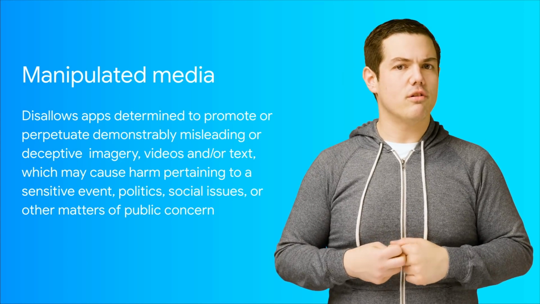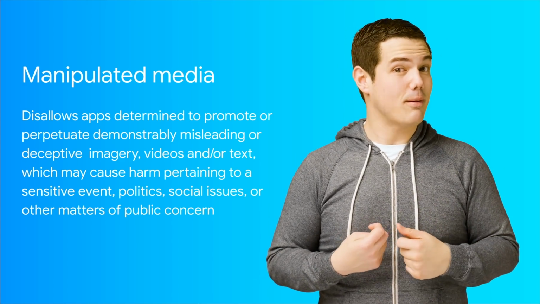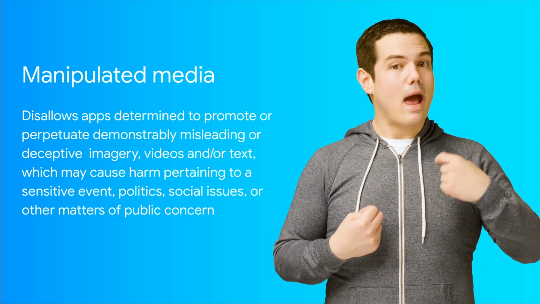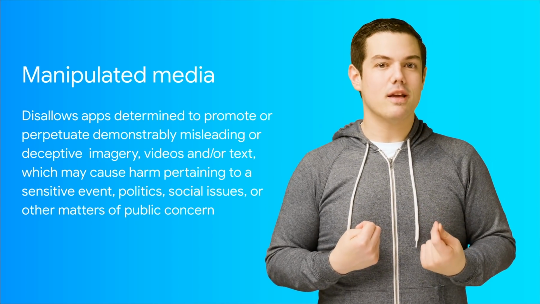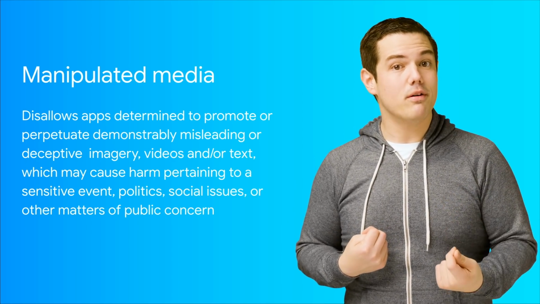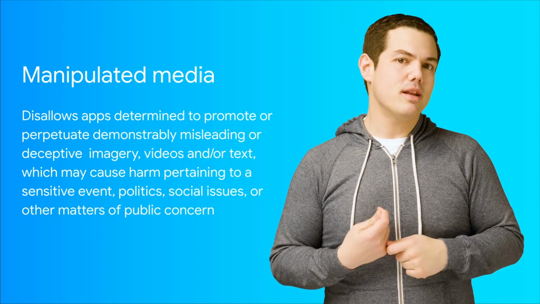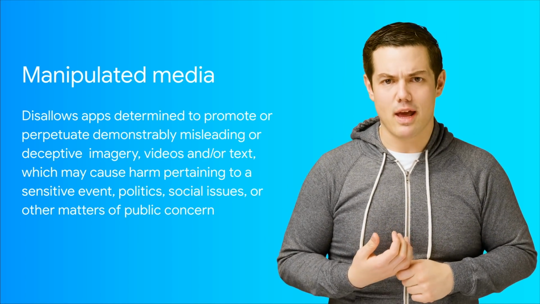Common violations include apps that help add a public figure to a politically sensitive demonstration or event, apps using public figures or media from a sensitive event to advertise its media-altering capability within an app store listing, and apps that alter media clips to mimic a news broadcast.